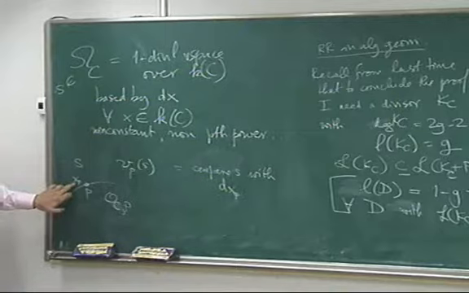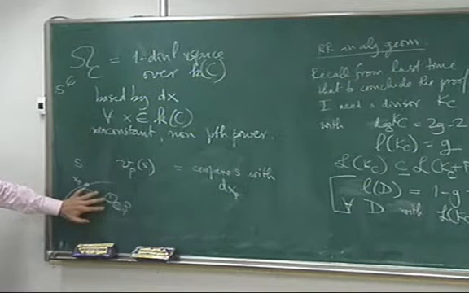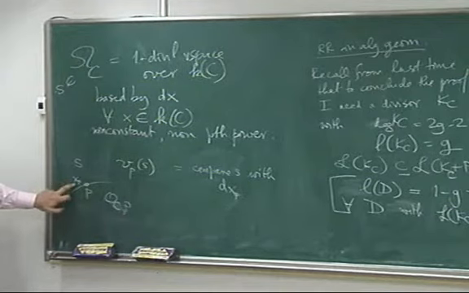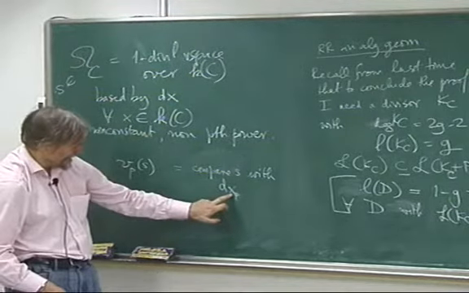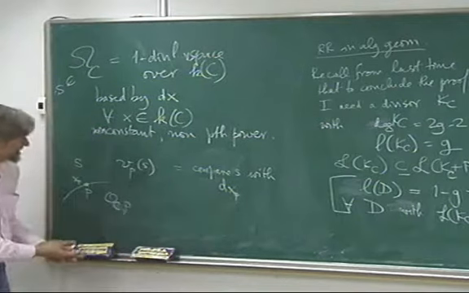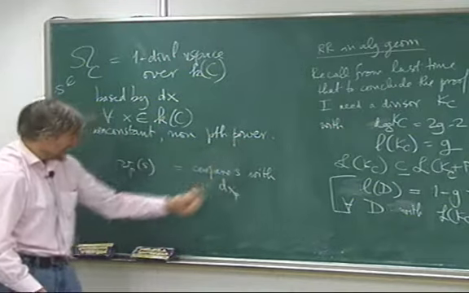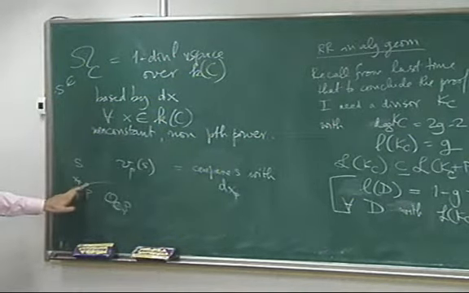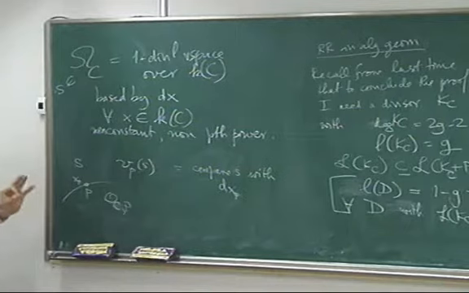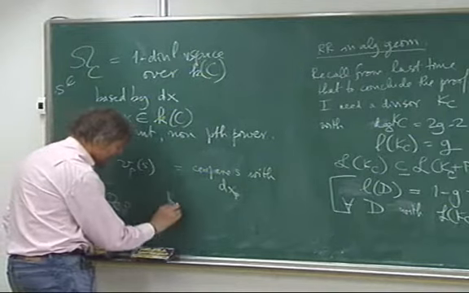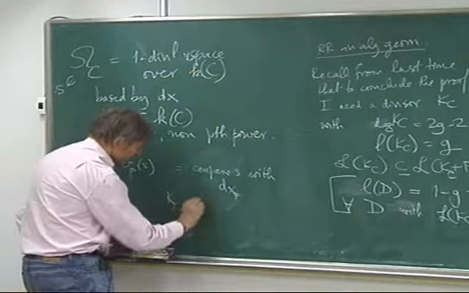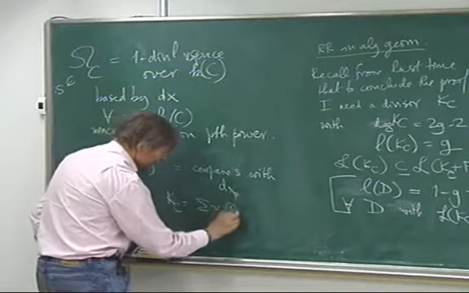This is a generator of the maximal ideal of this local ring, so we're just in the theory of discrete valuation rings here. I'm taking this element xp, and I'm writing dxp. This xp is certainly an element of Kc, and certainly not a p-th power, because if a p-th power vanishes once at a point, then it vanishes p times, automatically.